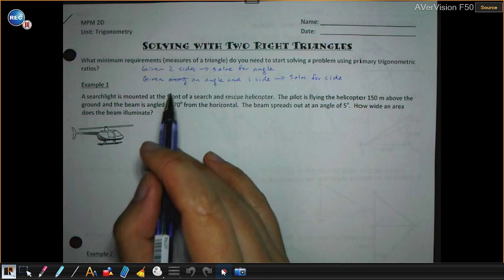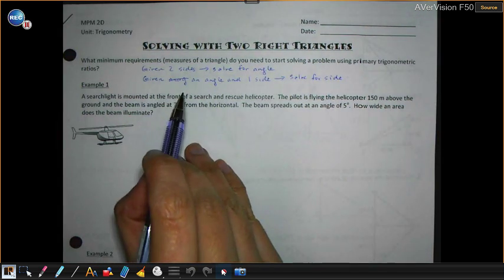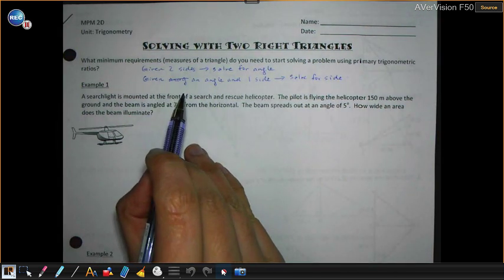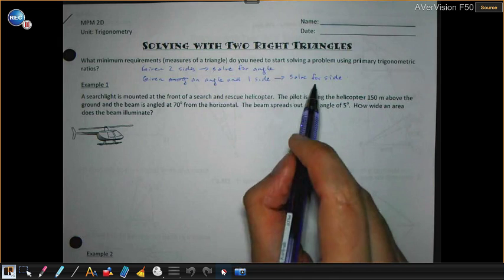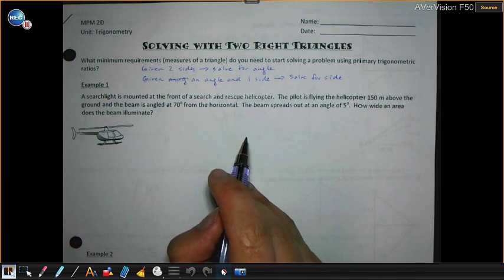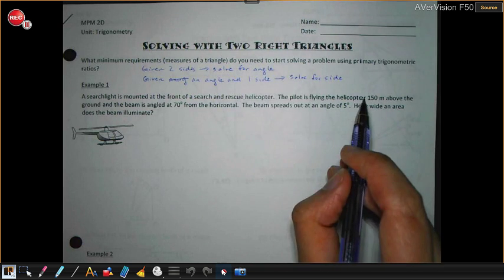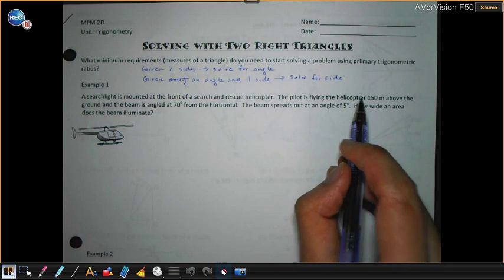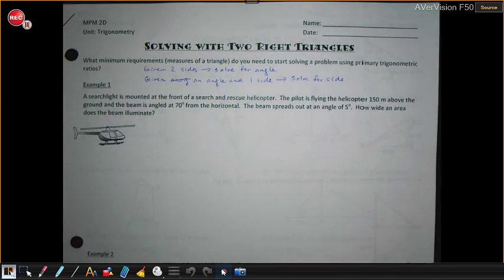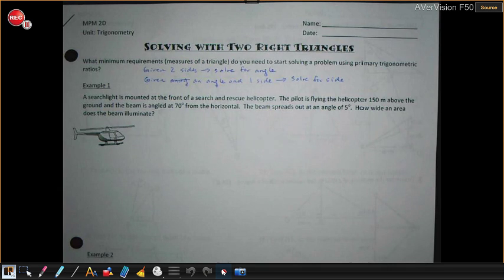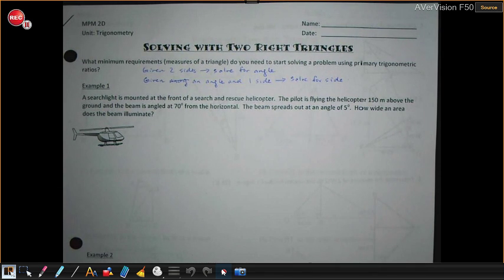So if you have a right triangle and we're given any two sides, we can solve for the angle. If we're only given an angle and one side, then we can solve for a side. So let's go over these two examples where it involves two right triangles, and then we have to solve for an angle or a side.